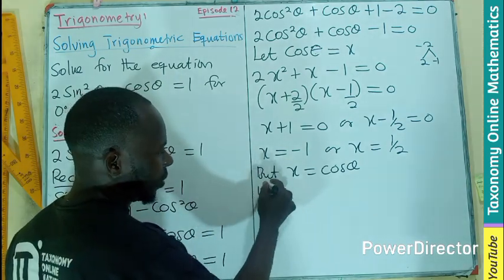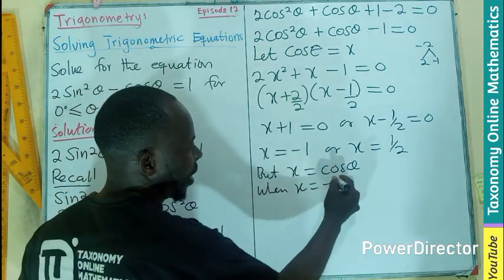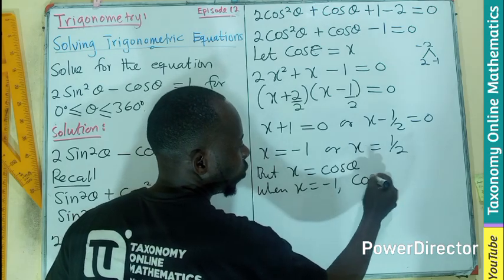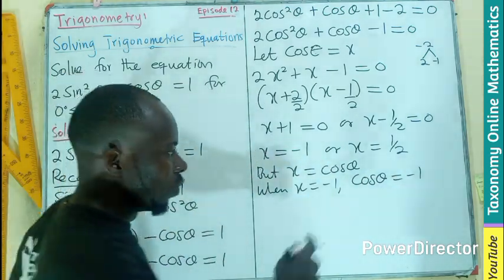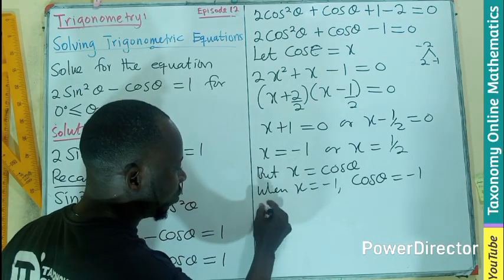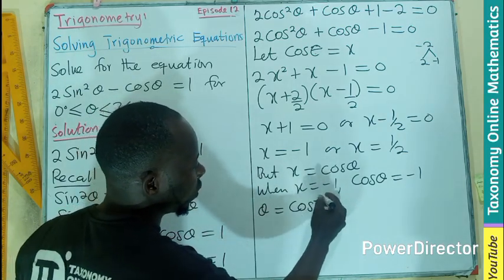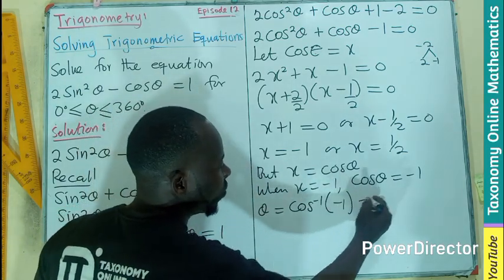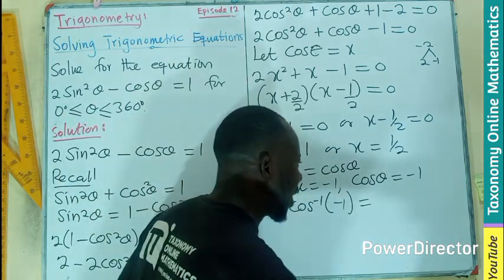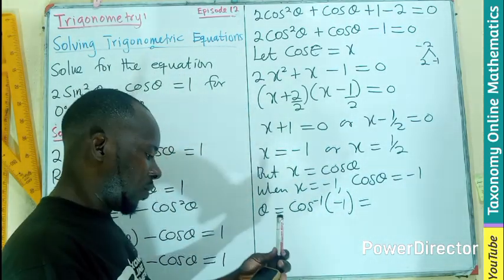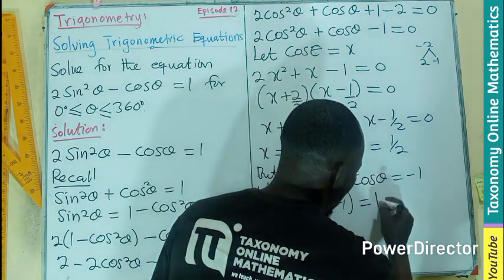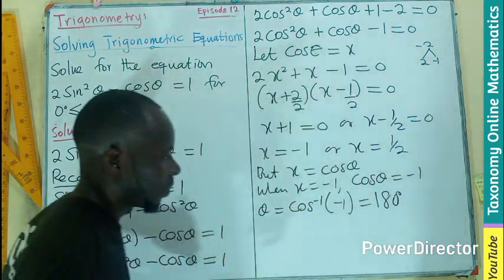So when x equals -1, then cos theta equals -1. We need to know the value of theta, so theta equals the cos inverse of -1. Let's put that on our calculator, and if you do that, you should have 180 degrees.